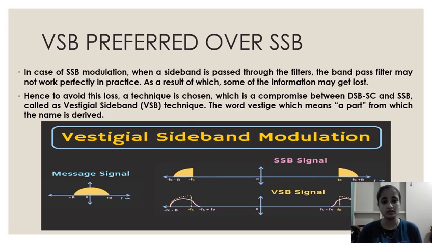The word vestige means a part, from which the name is derived. So this is the output spectrum of the SSB signal and VSB signal. In the case of the SSB signal, either a USB signal or LSB signal is transmitted. Whereas in the case of the VSB signal, only a small amount, or the vestige, of the unwanted sideband will also appear along with the desired sideband. So that is known as vestigial sideband modulation.